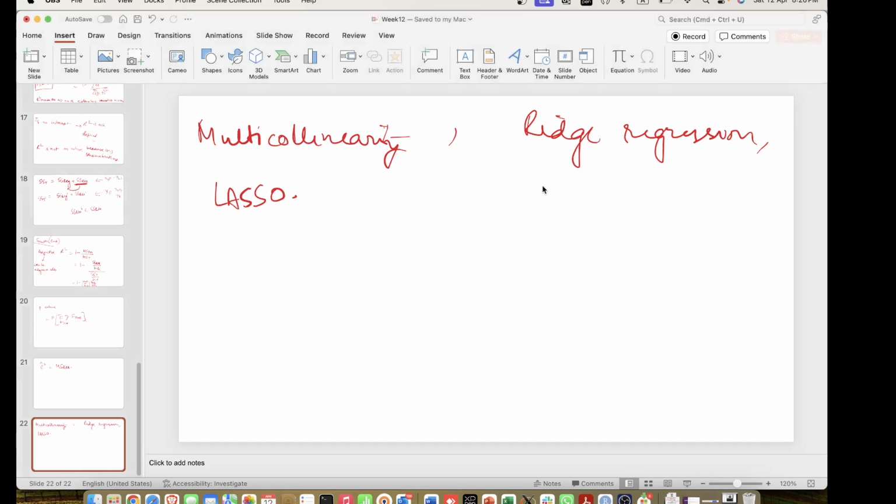Usually ridge regression and lasso are applied for variable selection. Especially lasso is applied when we want to have some variable selection. What happens is that we might have a large number of explanatory variables, and we don't want to include everything in our model.